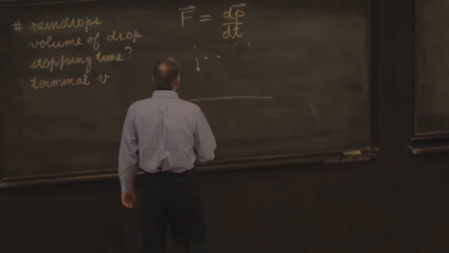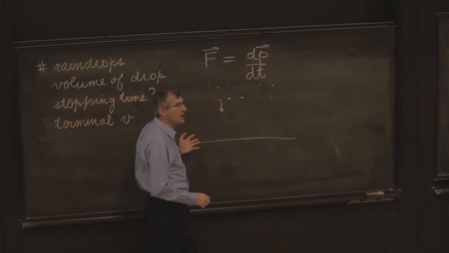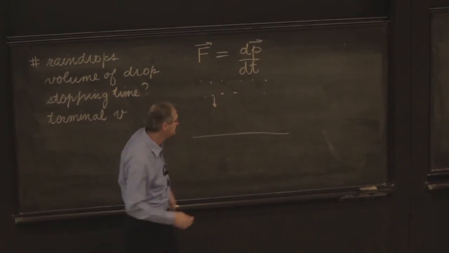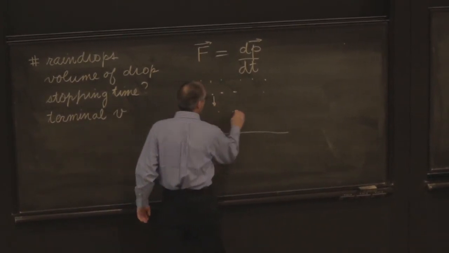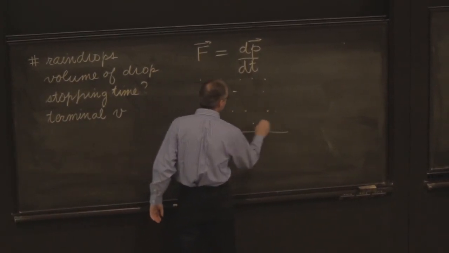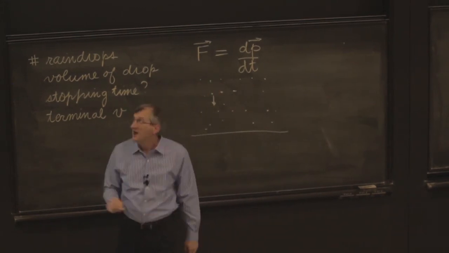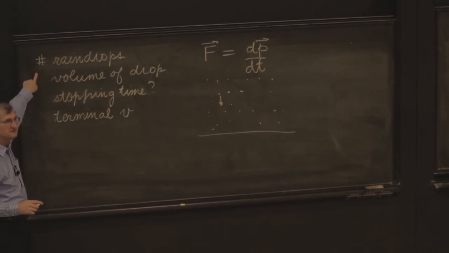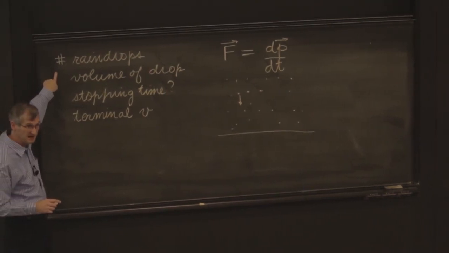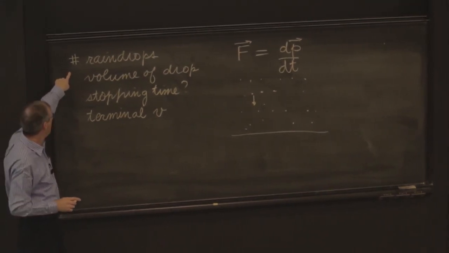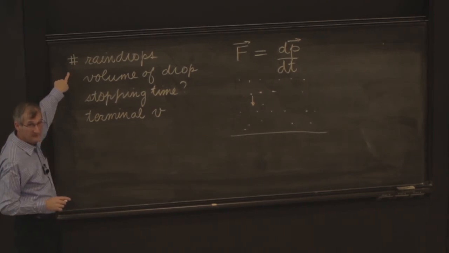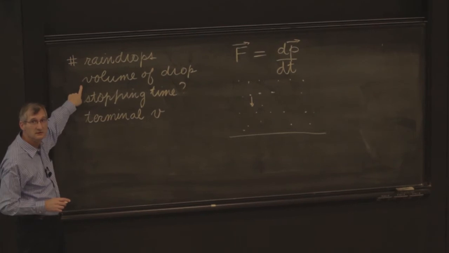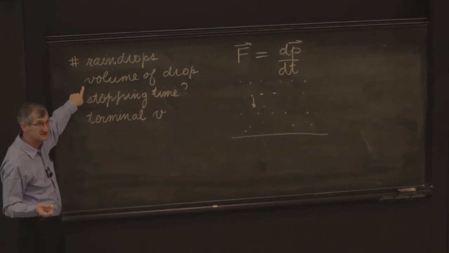So if I want to know in a little bit of time, delta t, how much momentum is deposited on the ground from the falling rain, I'm going to need to know, okay, how many raindrops arrive in that time, delta t? Is that right? And why do I care about the volume? To get the mass.